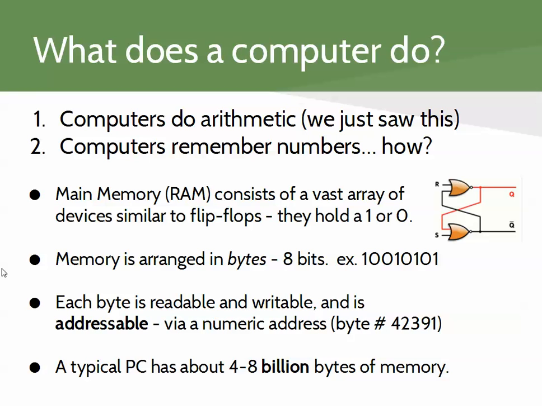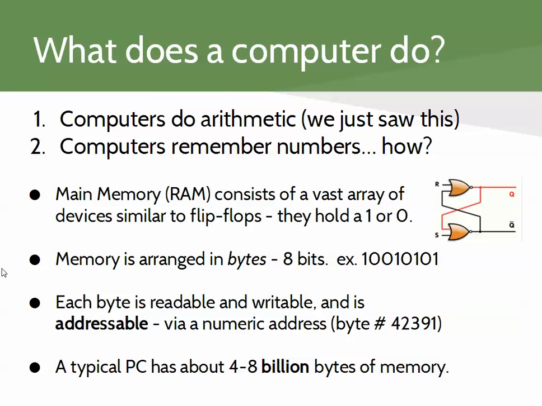So we might have an instruction that says, go read the binary byte, the series of 8 bits, out of address 42,391 and store it in register 2. Then we might do a computation and get an answer, and we might want to write that answer back to byte number 42,391.